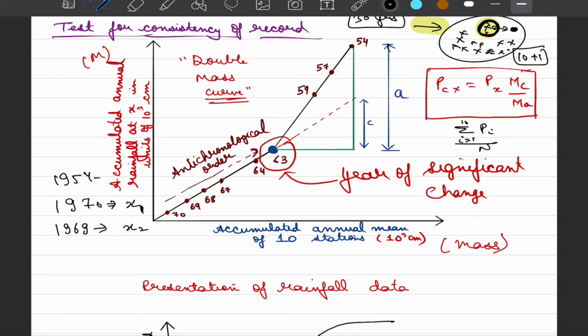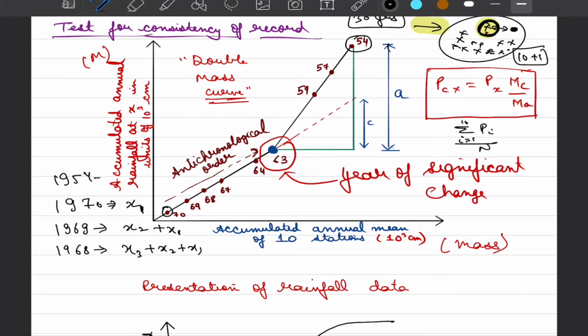But when we are talking about accumulated annual mean, we would say that in 1969 we would use the value of x1 plus x2. In 1968 we would use the value of x3 plus x2 plus x1, so that this function is monotonically increasing in anti-chronology. Anti-chronology means that the latest year comes at the bottom and the oldest year would come at the top or farthest from the origin, and that's what we mean by anti-chronological order.